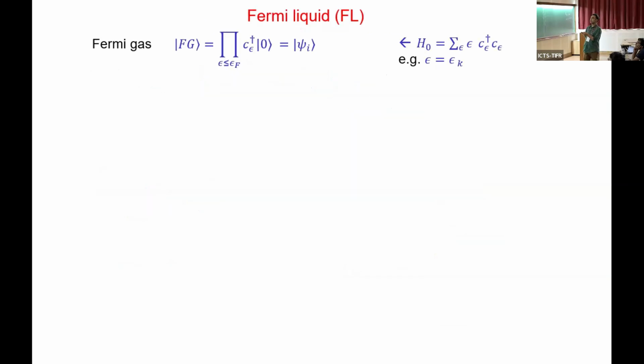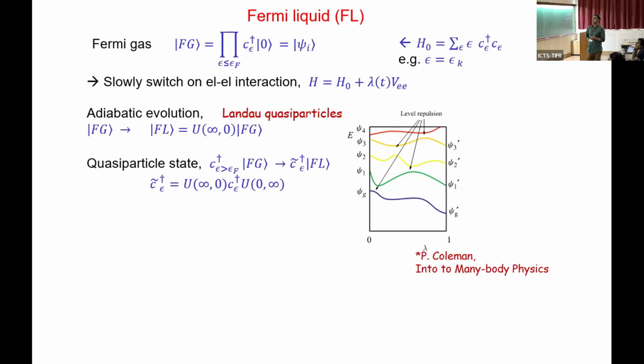So I can ask what is the occupation number of that level. And what you expect, if you are in a Fermi liquid, according to Landau's ideas, is that if you do adiabatic evolution slowly, the Fermi gas will evolve to a Fermi liquid. If there is no phase transition, no level crossing, then you expect it to go to a Fermi liquid smoothly from a Fermi gas.